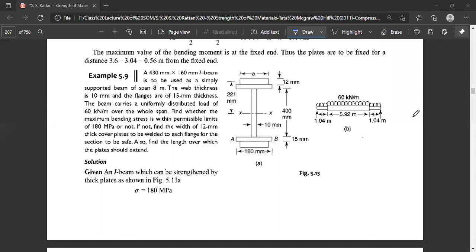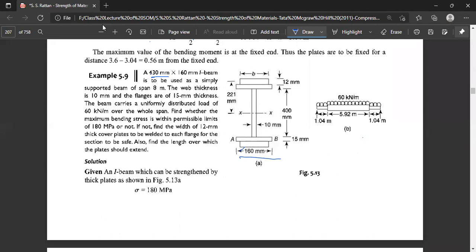But it is also an I-beam, which has the dimension of 130 millimeter by 160 millimeter, which means 160 millimeter is the width at the bottom, at the flanges, and 30 millimeter is the depth or the height of this I-beam.